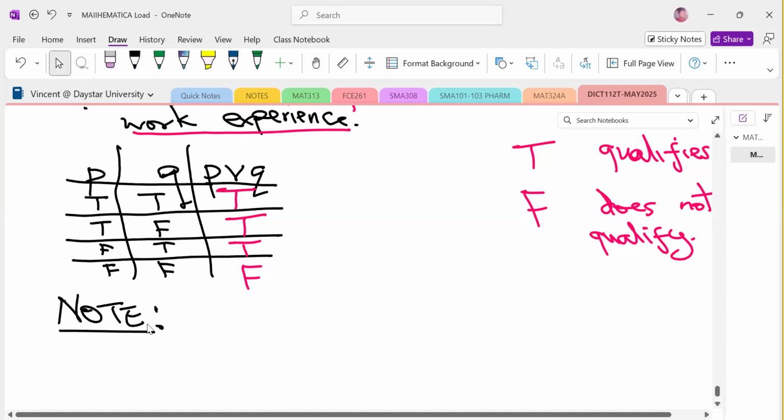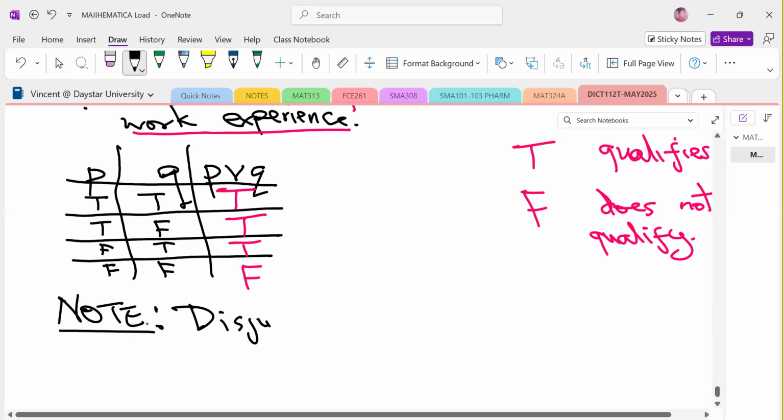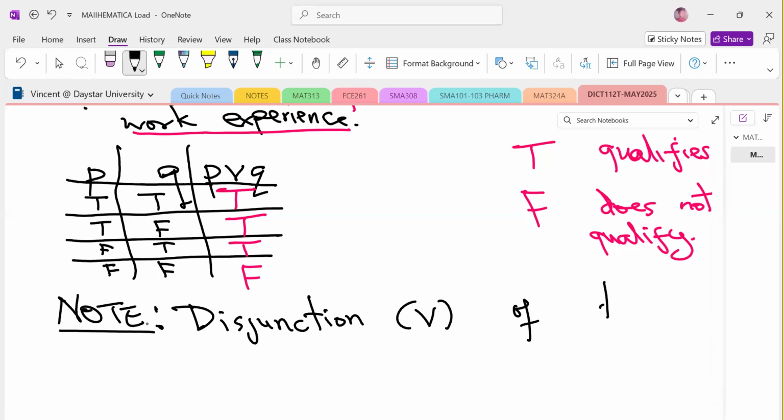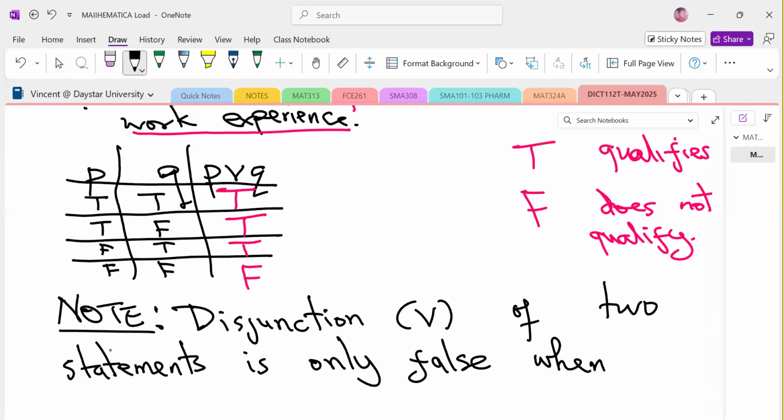So we say the disjunction of two statements is only false when both statements are false.